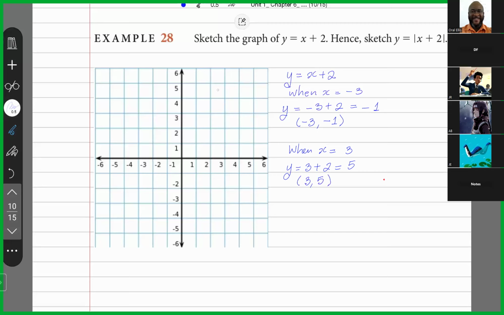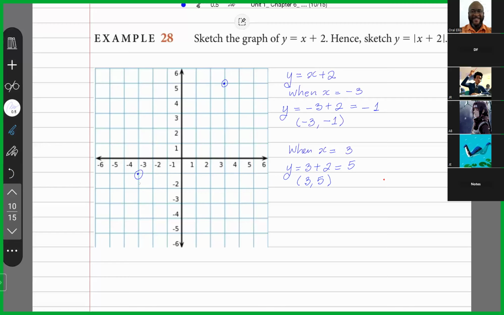I would then go to the Cartesian plane and plot both points. We have 3, 5 and we have minus 3, minus 1.